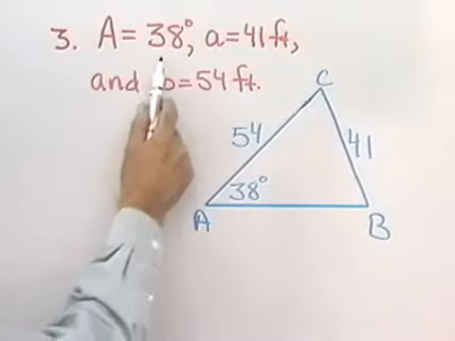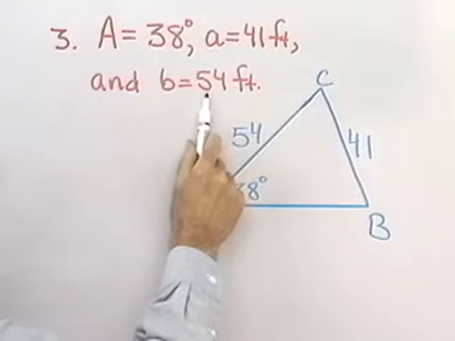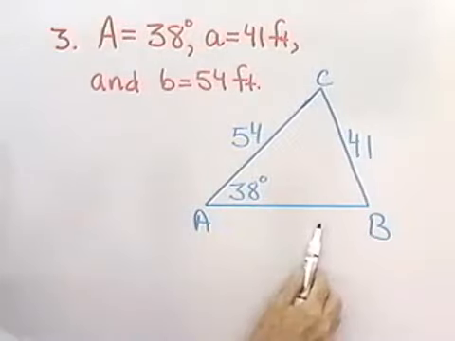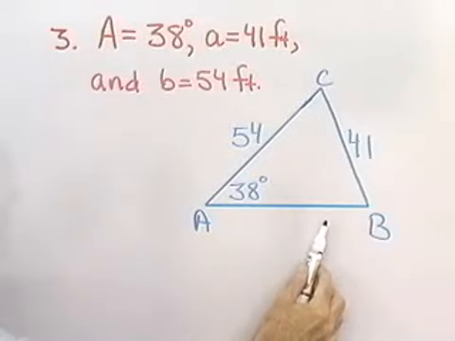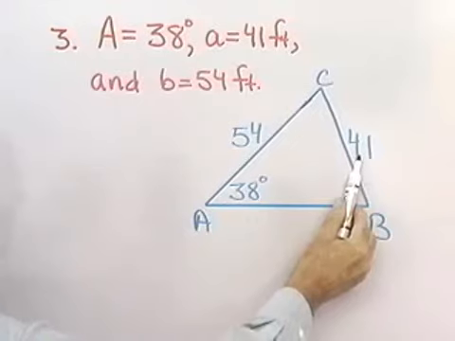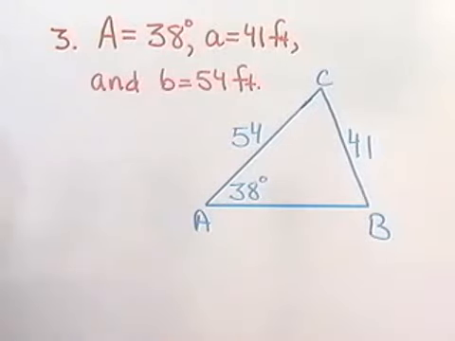In this triangle, angle A is 38 degrees, side A is 41 feet, and side B is 54 feet. Now, I've drawn the triangle over here for reference already to save a little bit of time. You can see that I have angle A, the side opposite angle A, and I have side B, so I can solve for angle B to start with.